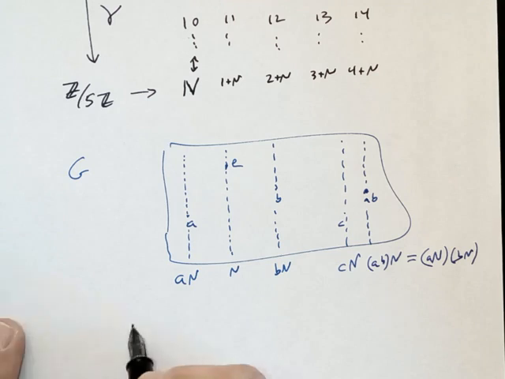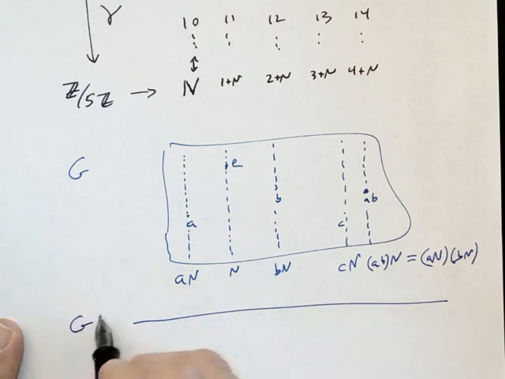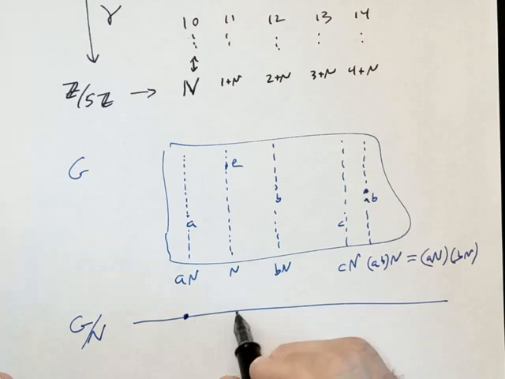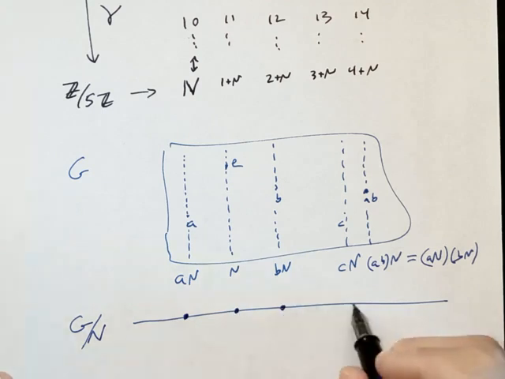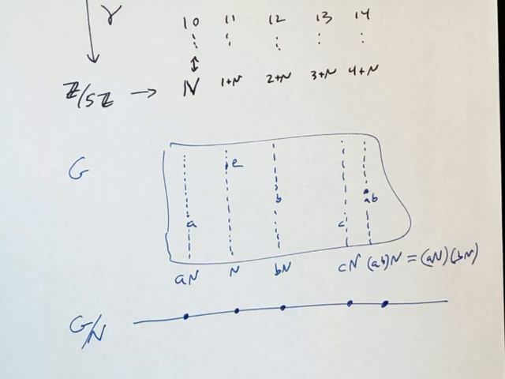So now I can think of G mod N as having a single element for each of these items.